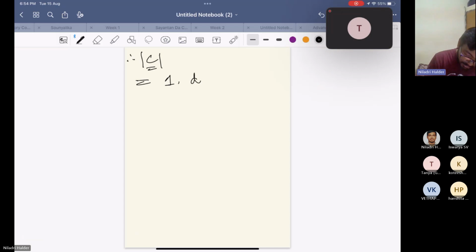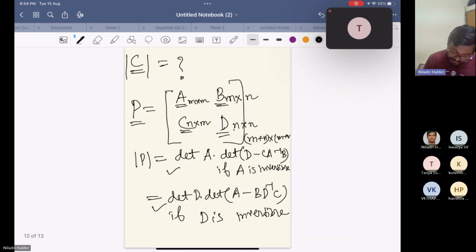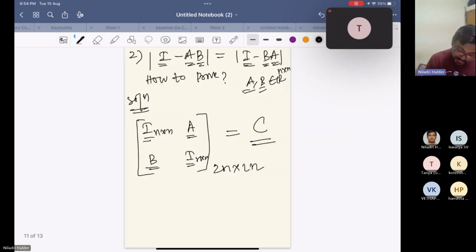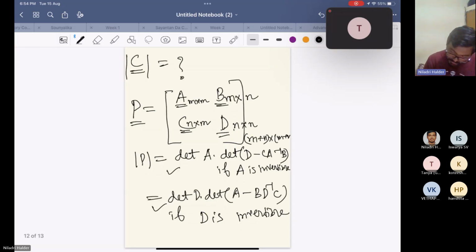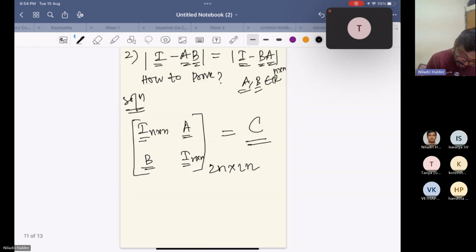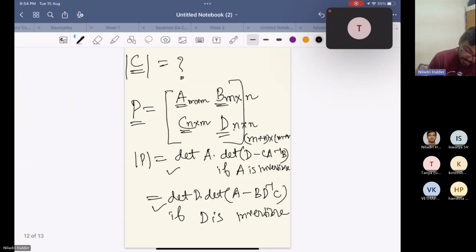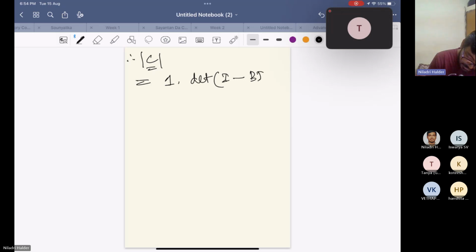Then det of D minus C A inverse B. So D is the identity, so I minus C A inverse B. So C is actually B, so I minus B I inverse A. That is the same as the determinant of I minus BA.